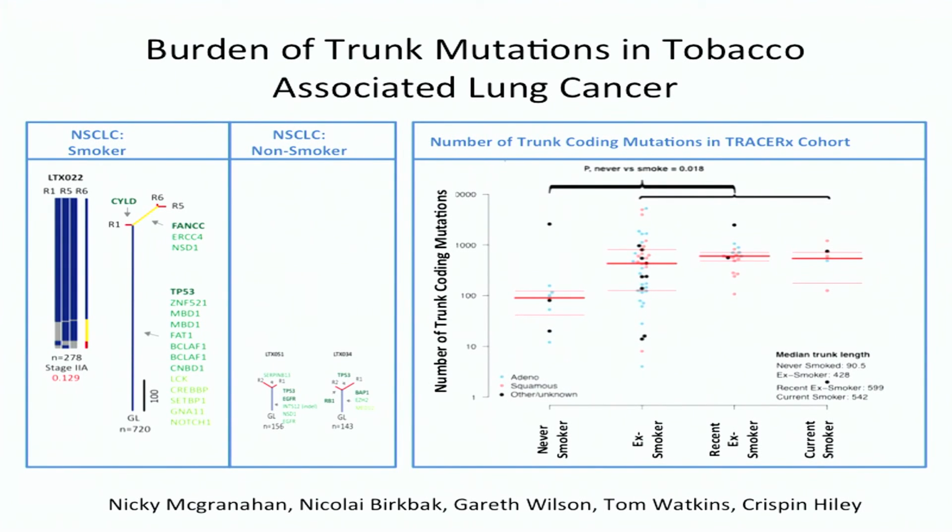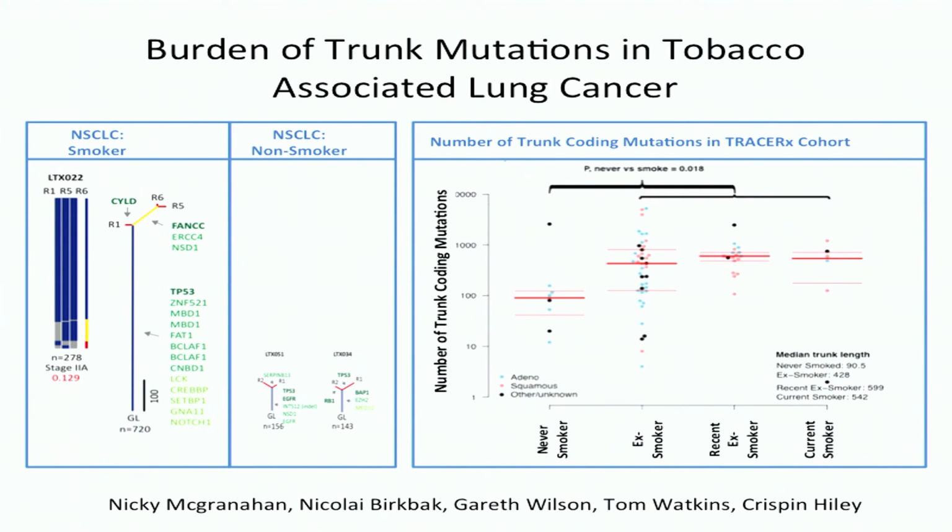And so what we've seen is this huge opportunity in TRACERx in lung cancer, that the smoking cancer genomes have very long trunks. So what we found is if you compare a smoking cancer genome here on the left to a non-smoking cancer genome on the right, and you look at the size of the trunks and the branches, the branches are not dissimilar, but the trunks are much longer in a smoking genome.